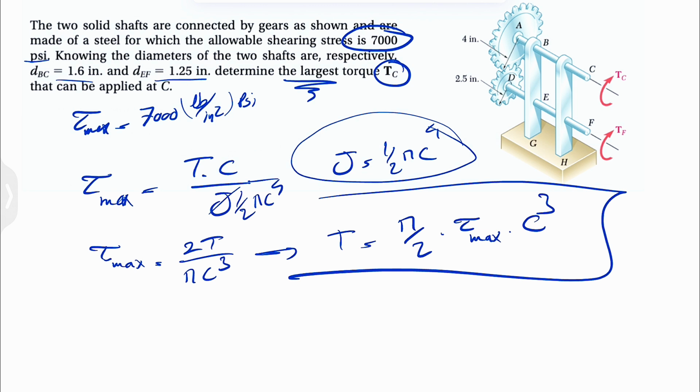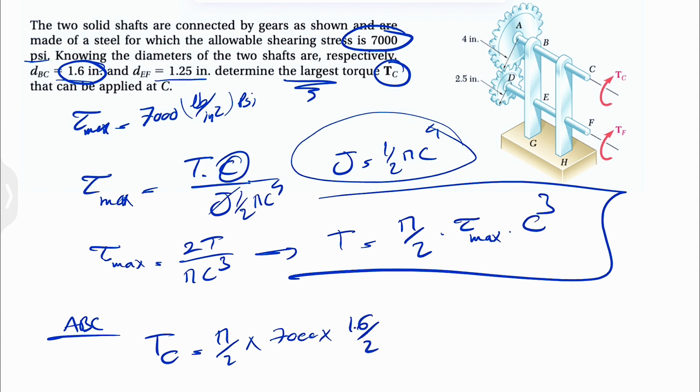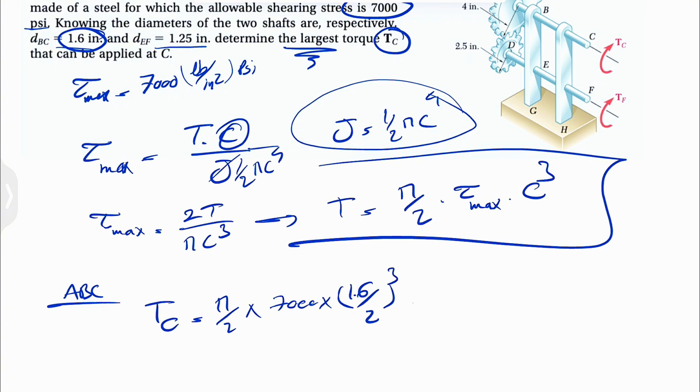Let's start with the TC for the shaft ABC. For the shaft ABC, TC will be pi divided by 2 times maximum shearing stress 7,000 times the diameter of the ABC, which is 1.6. Keep in mind the C in here is the radius, it's not the diameter, so we need to divide that by 2, all to the power of 3.